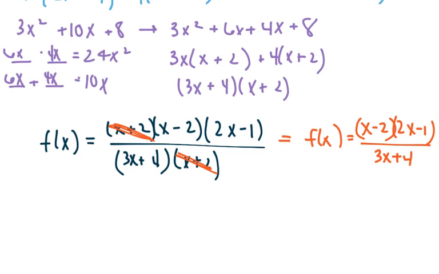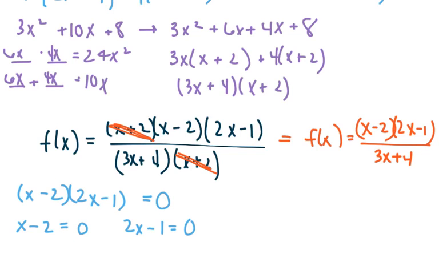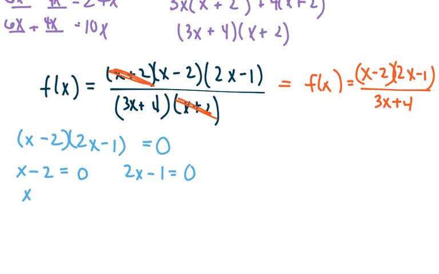All right, so let's find our x-intercepts and vertical asymptotes. I don't remember which one comes first, but it doesn't really matter. To find our x-intercepts, we set the numerator equal to 0. So x minus 2 and 2x minus 1 equal to 0. And that's going to give us x equals 2 and x equals 1/2, right? But keep in mind it's ordered pairs, so our x-intercepts are (2, 0) and (1/2, 0).